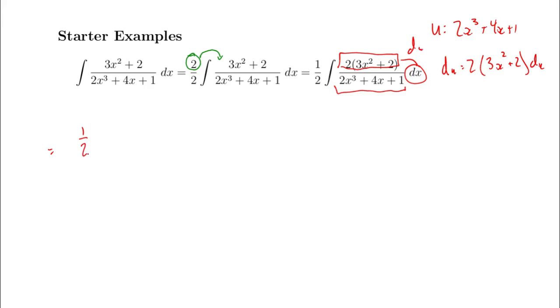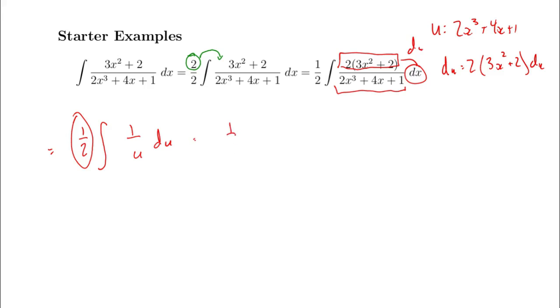Suddenly, this integral is half integral of 1 over u du. This is almost exactly the same as the one that we had earlier, except now we have this new coefficient of half out front, which should make sense. Our integral is half of the version that we did before because this here is half of the original numerator that we had, 6x squared plus 4. So this coefficient should make sense here.